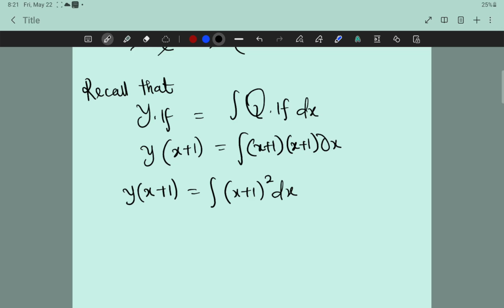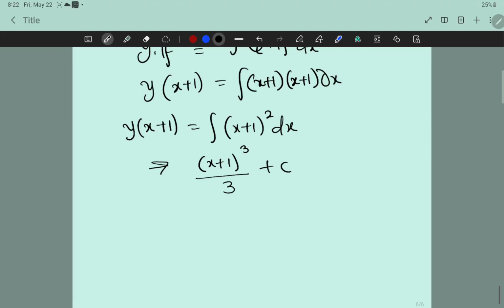So what do we do from here? We say that this becomes x plus 1 all to the power of 3 over 3, of course, plus c, right?